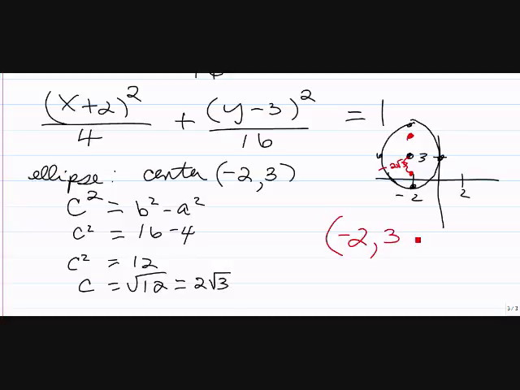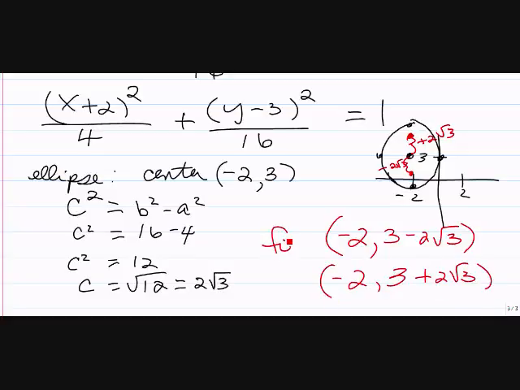So the y coordinate is 3 minus 2 root 3. My other focus is up 2 root 3 from the center. And its x coordinate is still -2, just like all the rest. So my other focus is negative 2 comma 3 plus 2 root 3. And there are my foci.